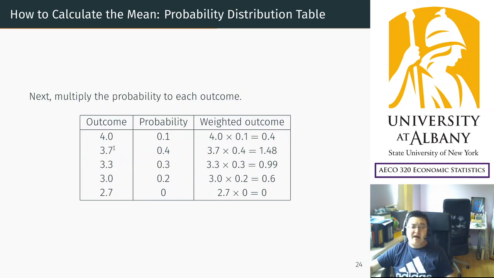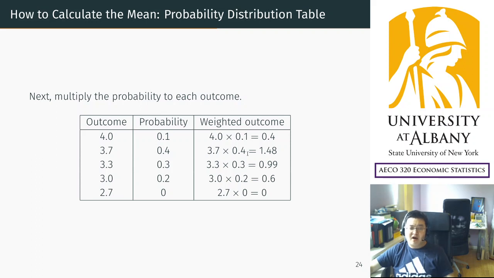This is what we need to calculate the average. Next, I'm going to make another column. In this column, you multiply the outcome by the probability. So it is the probability weighted outcome. The outcome 4.0 receives a weight of 0.1. So multiply them, and the weighted outcome is 0.4. And 3.7 happens much more than 4.0, so it receives a weight of 0.4.